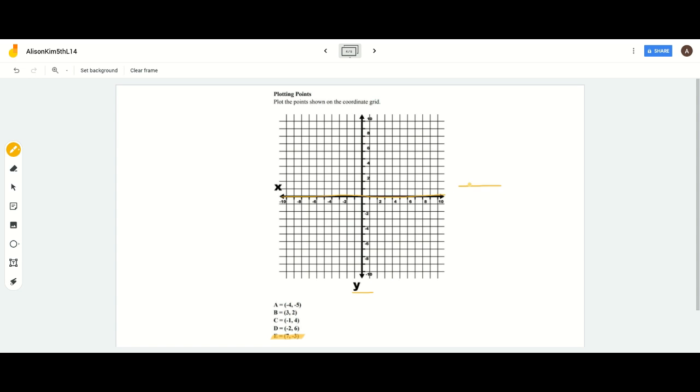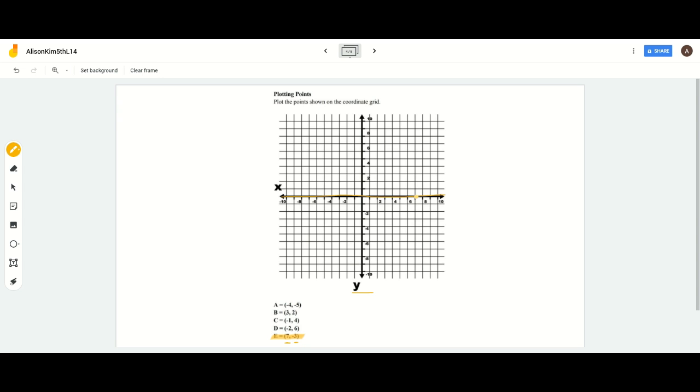The number in front is always going to be the x, on the x-axis. So we're going to look for 7 right here. It's going by ones: 1, 2, 3, 4, 5, 6, 7. 7 is right here. Now, the second number behind the comma is going to be for the y-axis.